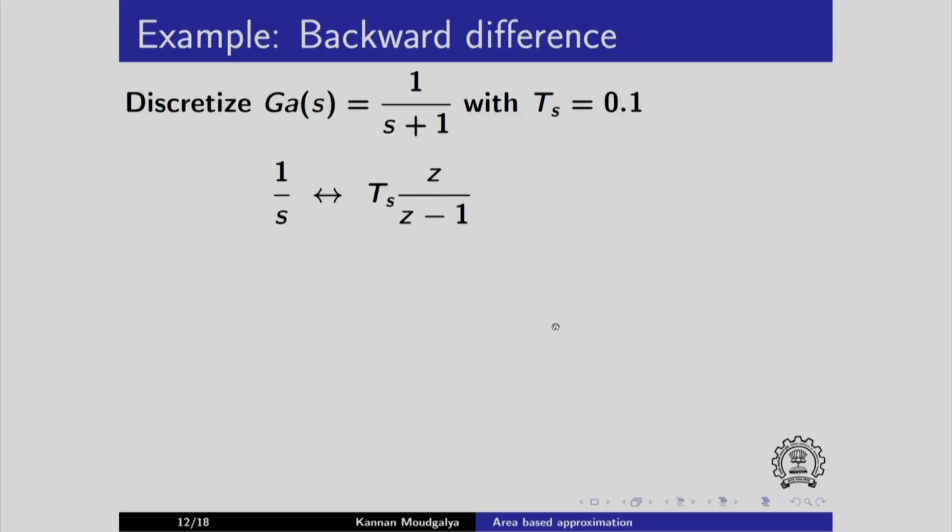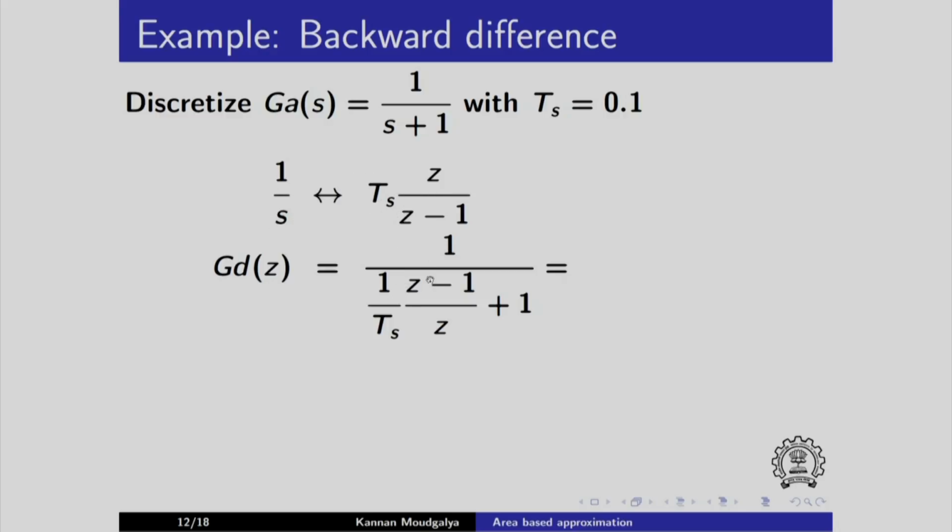So let us take up an example. Let us discretize 1 over s plus 1 with Ts equals 0.1 but with backward difference approximation approach. So here is the substitution formula. So Gd of z is, in the place of s we have to put this whole thing, the reciprocal of this as before, because this is the equivalent of 1 over s.